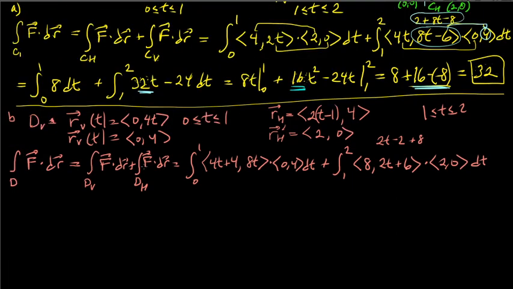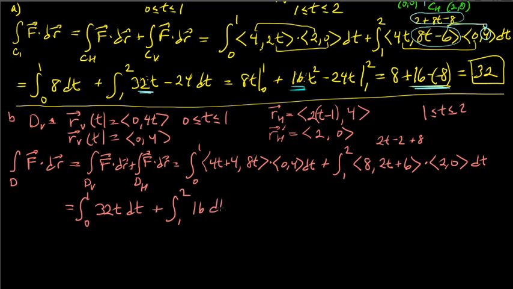All right, so we should be able to do these dot products. So 4t plus 4 times 0 is 0. 8 times t times 4 is now 32t. And then add to that the integral from 1 to 2. We have 8 times 2 is 16. And then 2t plus 6 times 0 is, well, 0.